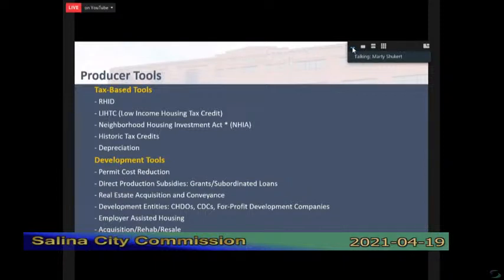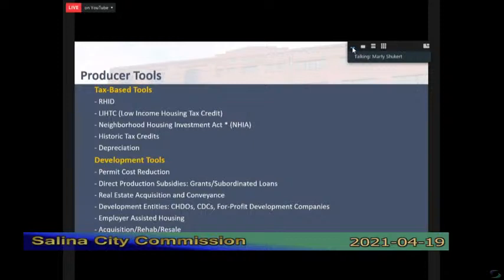So I'll confuse things even more by saying that they fit into a number of different subcategories. Tax-based tools are tools that use some aspect of taxation to create producer incentives or risk abatement. RHIDs are based on directing taxes you're going to pay anyway on the project into front-end costs for that district.